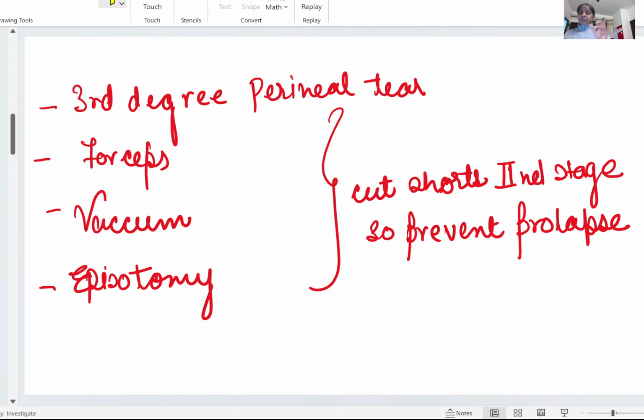All the procedures which cut short the second stage or which cut short the labor will prevent the prolapse. So what are the surgeries which prevent the prolapse? Forceps application, vacuum application, episiotomy, doing cesarean instead of going through labor pains.